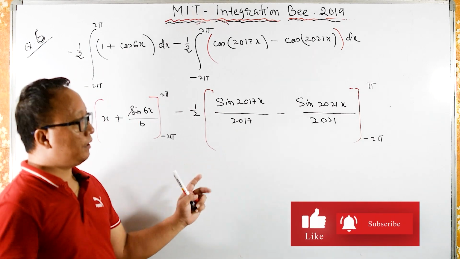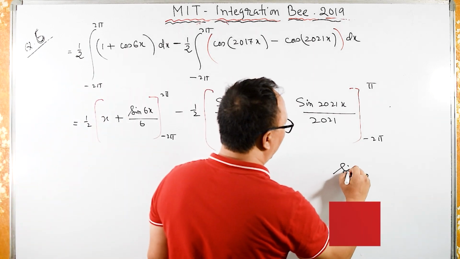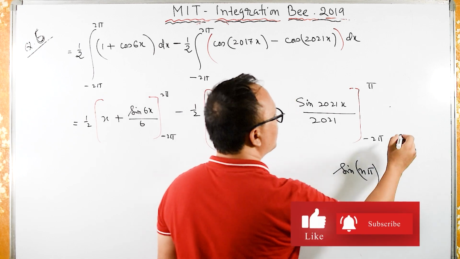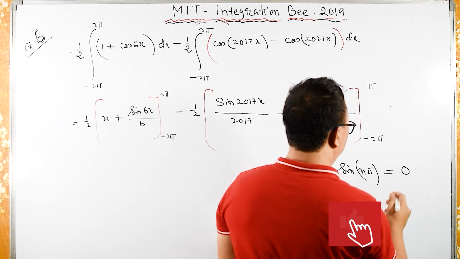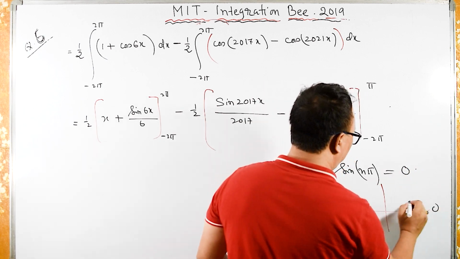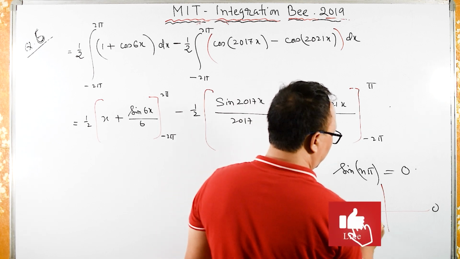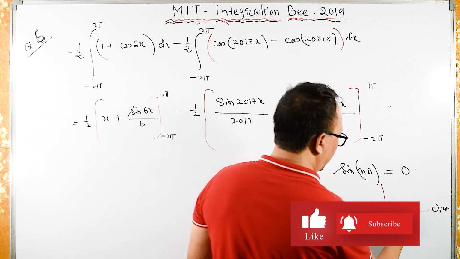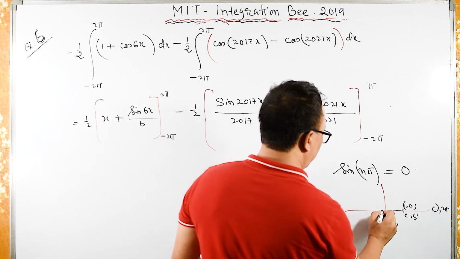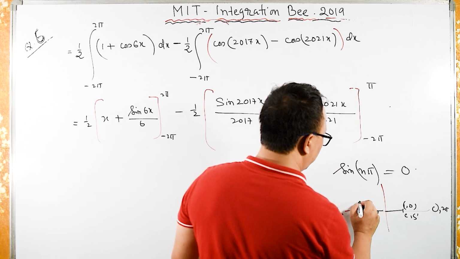Remember the values of sine of multiples of pi. Multiple of pi means what? It is always 0. Remember, in this circle we have 0 here, pi here, and then 2 pi. Here 1 comma 0, here minus 1 comma 0.